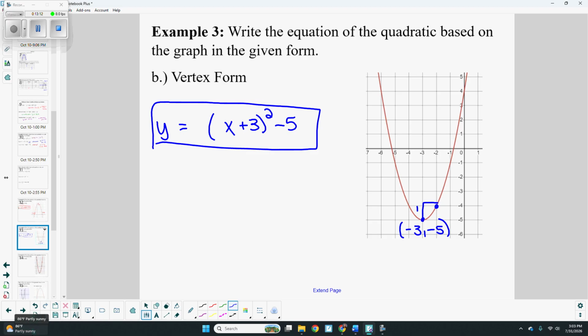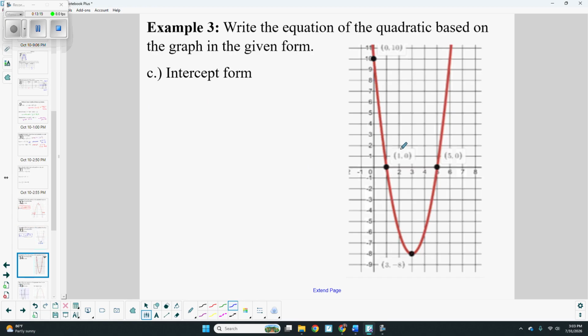My last one, another intercept form. It's a little blurry up here, but this says 1, comma 0. Look, it's so blurry I can't tell. 1, comma 0 and 5, comma 0 are our two intercepts. So that means it's going to give us x minus 1 and x minus 5. But again, we need that a value.